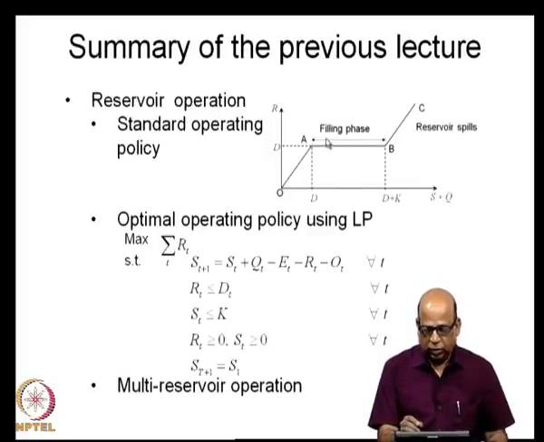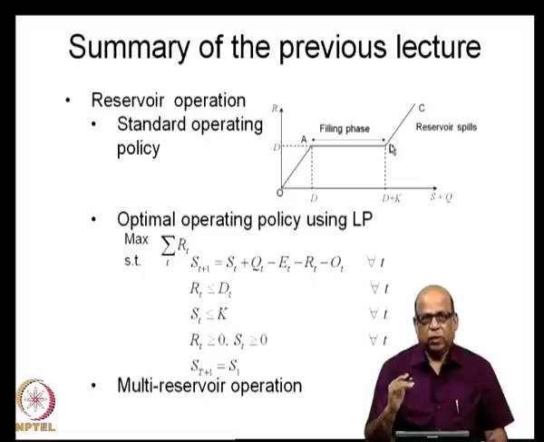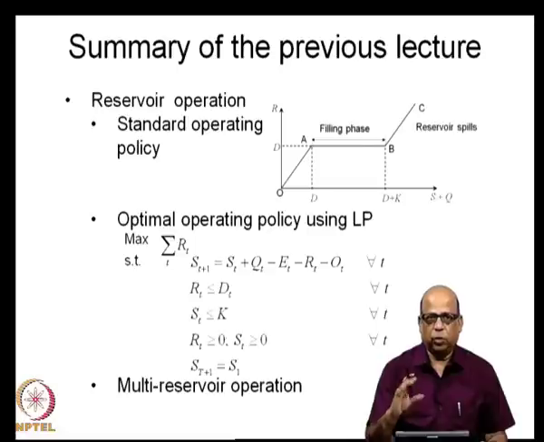During this period, it is a filling phase, because after you meet the demand, you still have some water left that will contribute to the filling of the storage reservoir. Beyond this point, there will be reservoir spills. That means, even after meeting the demand, you have excess water at the end of the period that goes as spill, because you can only store up to the capacity. Now, that is the standard operating policy.